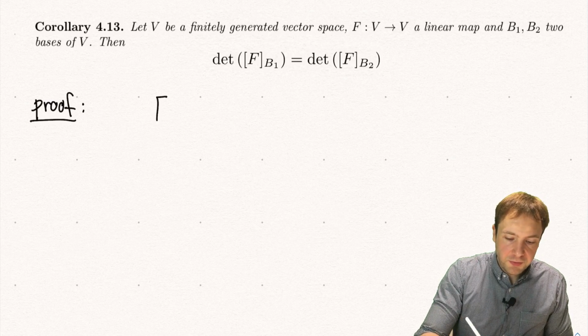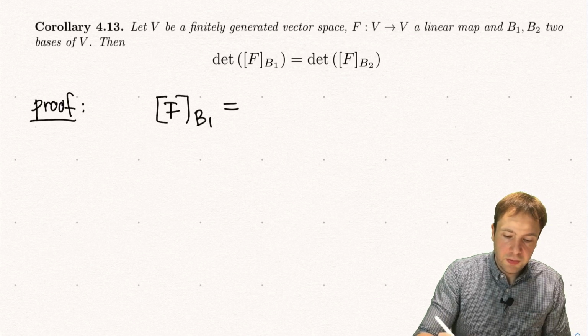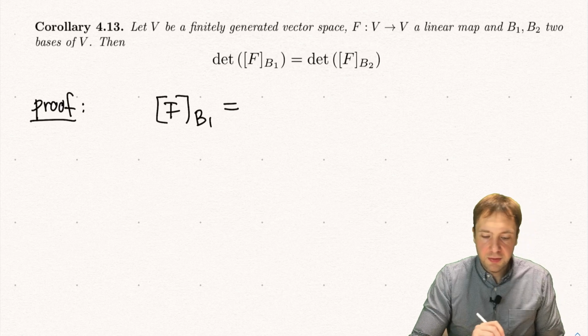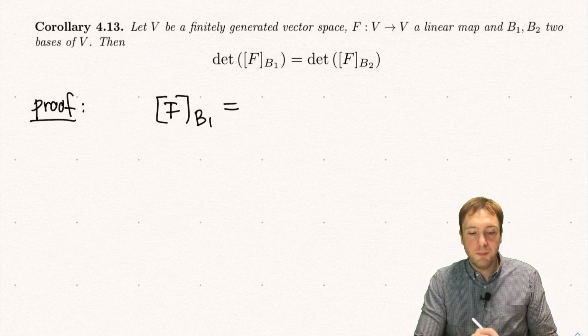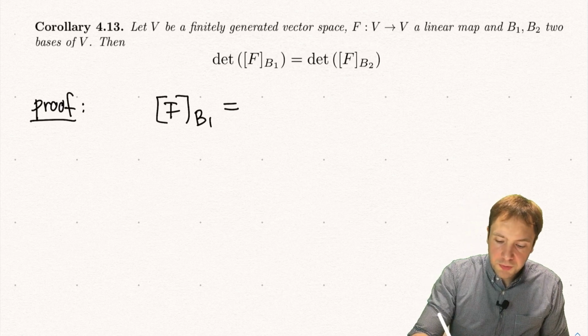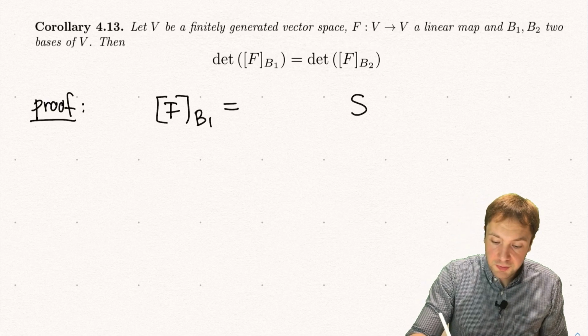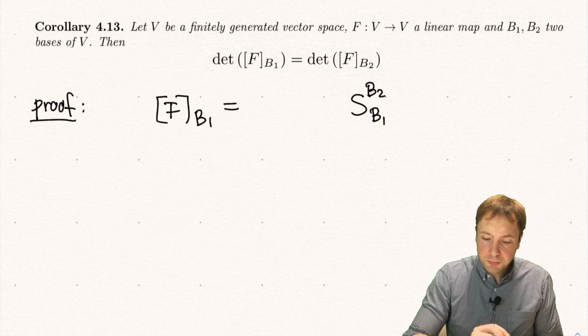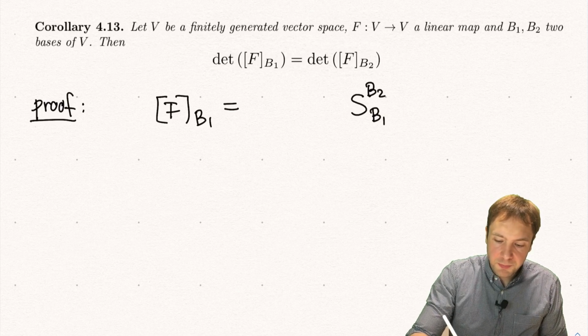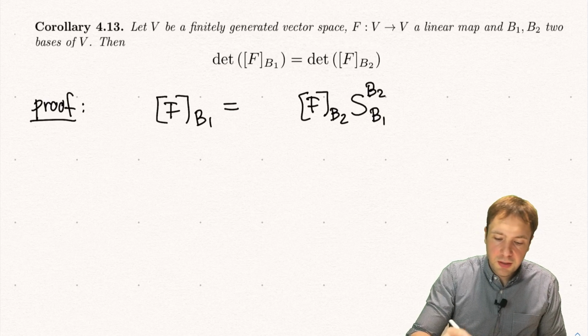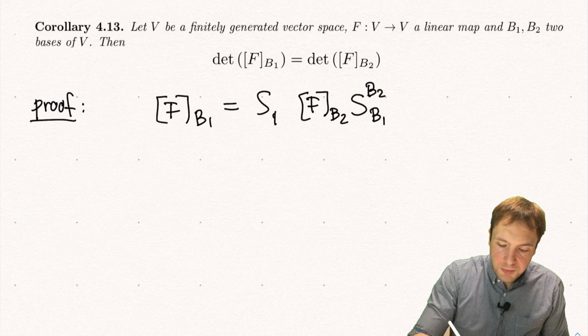These matrices were different, but we had the formula that the matrix of F with respect to the basis B1 was given by taking the change of basis matrix going from B1 to B2, then multiplying with the matrix of F with respect to the basis B2, and then going back from B2 to B1.